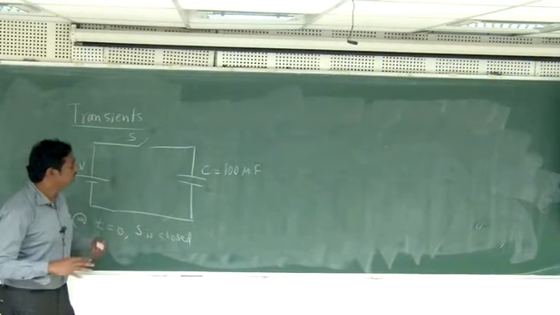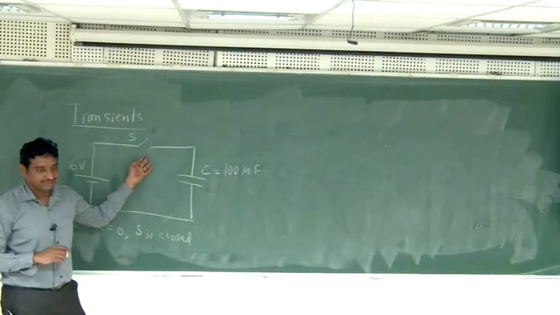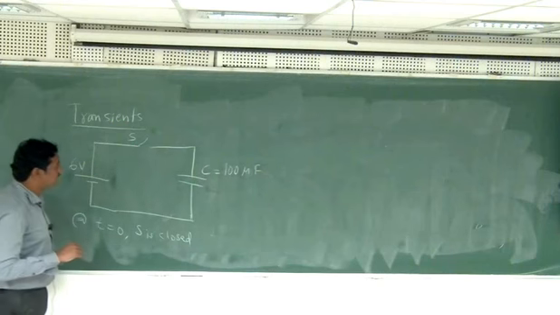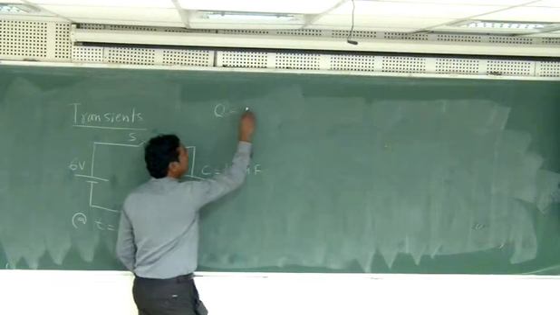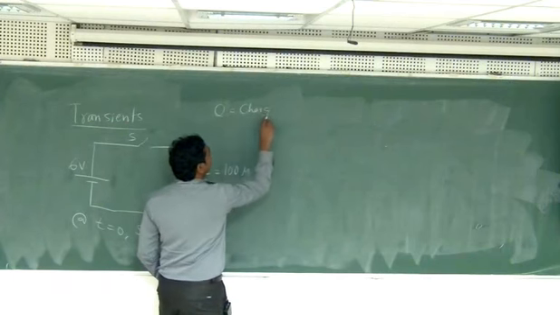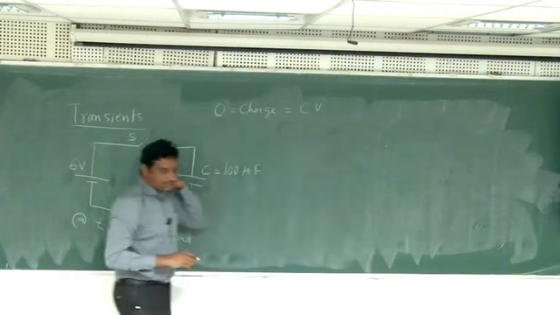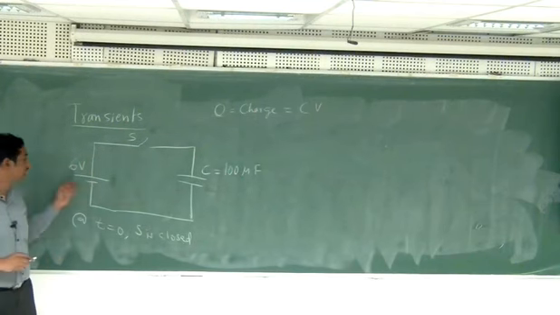So far the answer that I heard was, if I close this switch, then the current flows and the capacitor becomes charged. So what is Q? Q is charge, measured in coulombs. It is nothing but C into V. So how many coulombs of charge are there in this circuit?